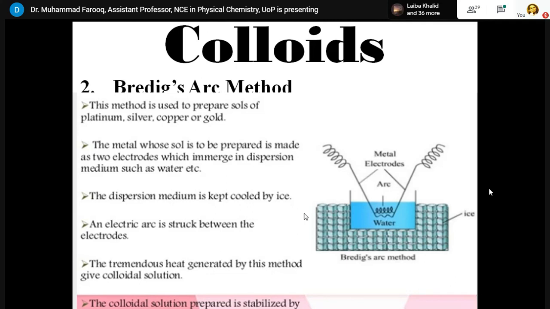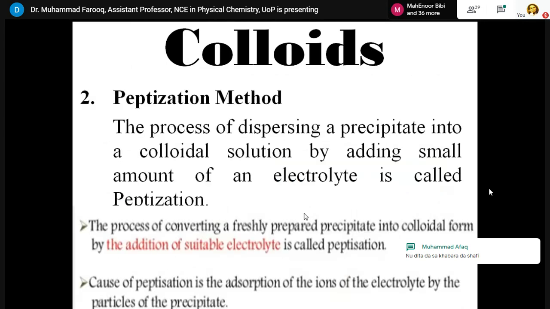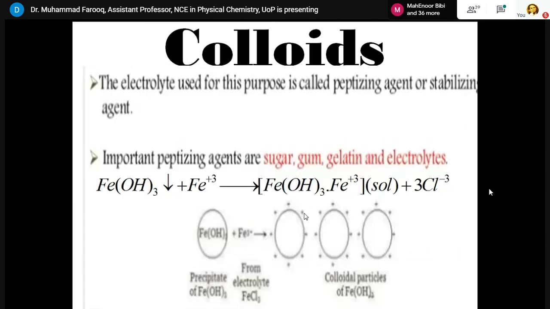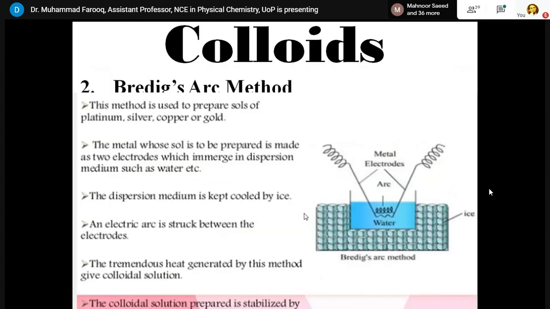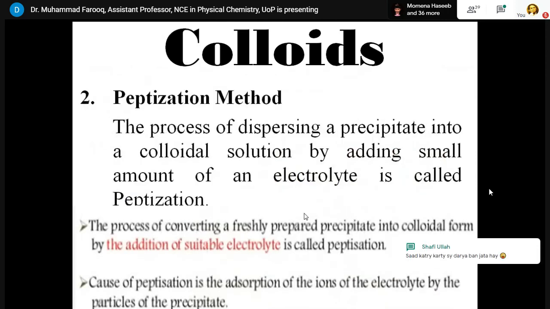I am not saying this, this is what the scientist who developed the method has written. All of these methods are used, for example I said this one, the peptization method, and gelatin is used in varnish, and also paints, varnishes and so on.